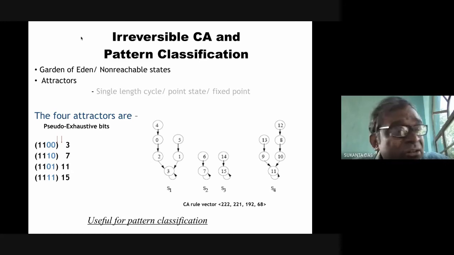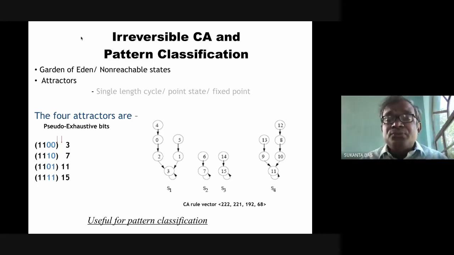What is an attractor? An attractor is a configuration which has cycle length one. Although an attractor may have a length more than one, here by attractor we mean a single length cycle. Sometimes it is called a single length cycle, sometimes a point state, sometimes a fixed point. But the point is, a cycle is formed by a single configuration.